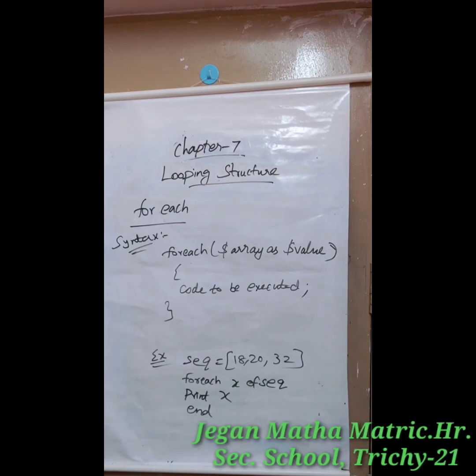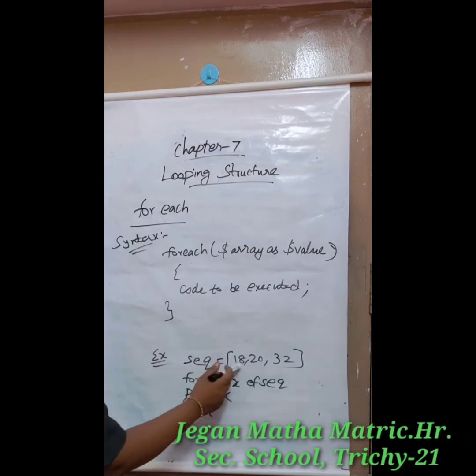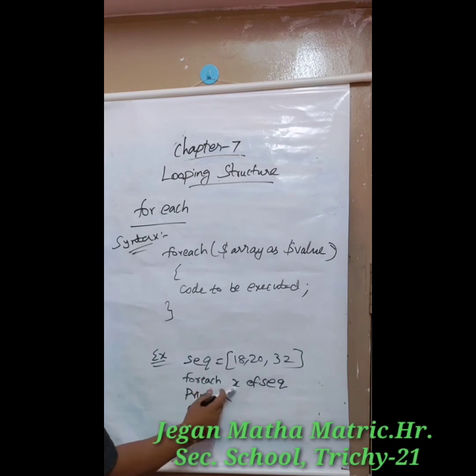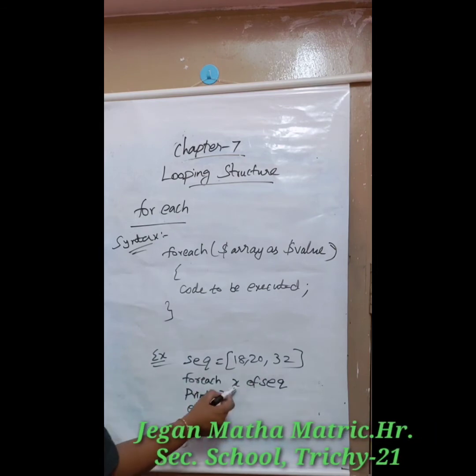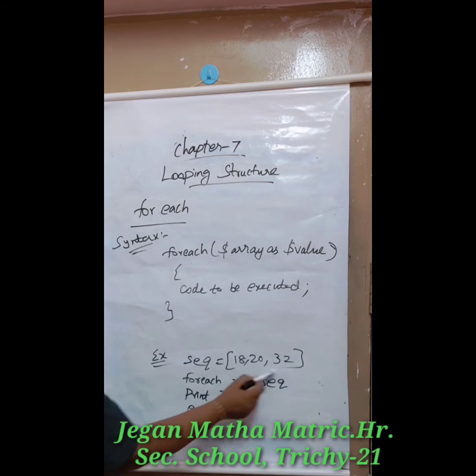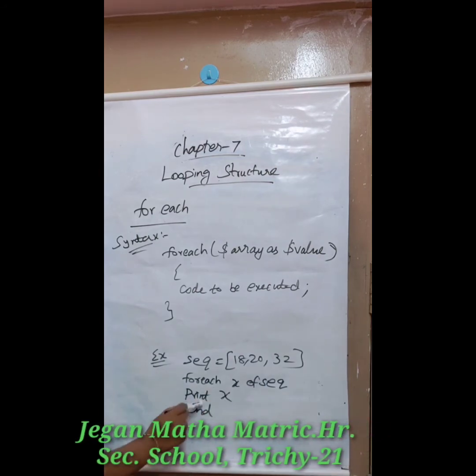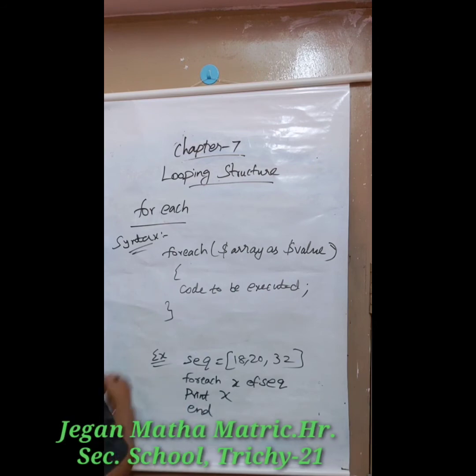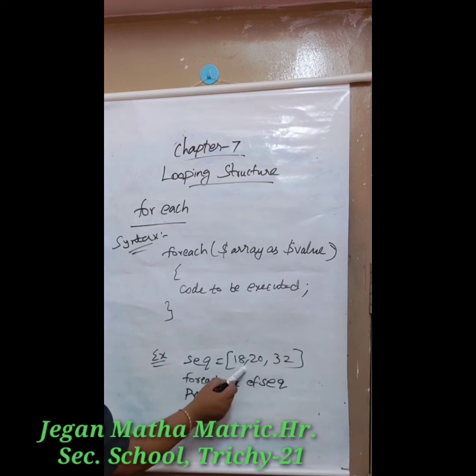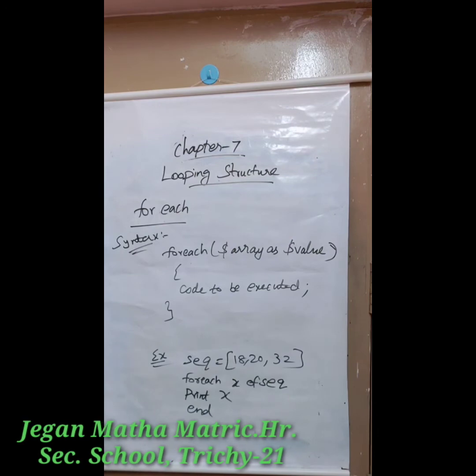Now let us see the example: sequence 18, 20, 32, foreach x of sequence. Here we use array as value. The sequence value is stored in x, then print x and end. So it prints the values 18, 20 and 32.